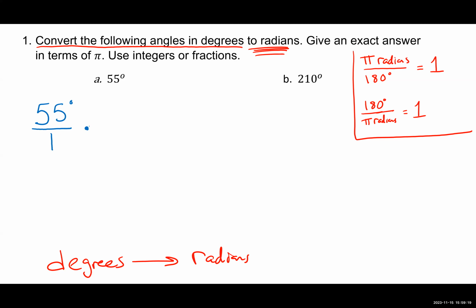If we want to eliminate degrees and change it to radians, we want degrees on the bottom. Because units cancel just like numbers. If you have a 2 on top and a 2 on the bottom, they cancel. If you have a 5 on top, a 5 on the bottom, they cancel. If you have degrees on top and degrees on the bottom, they cancel. Units cancel just like numbers.